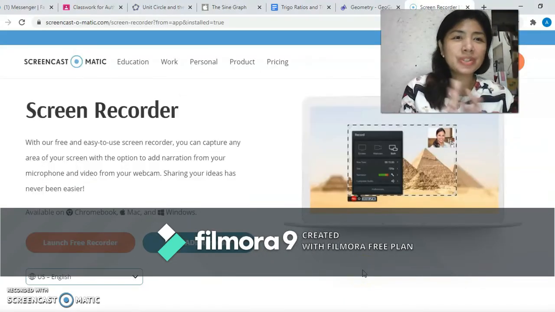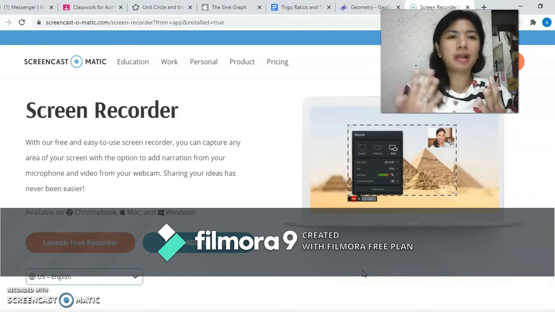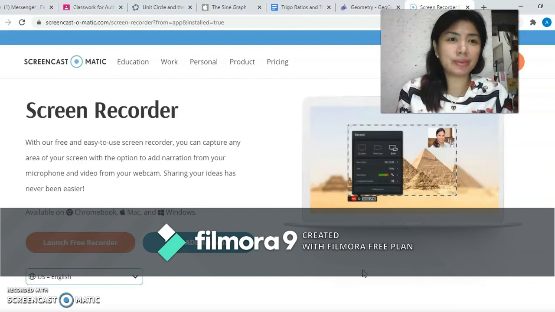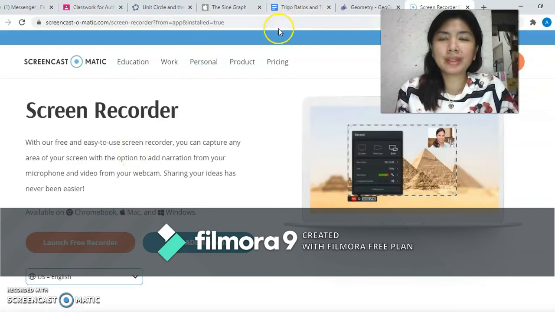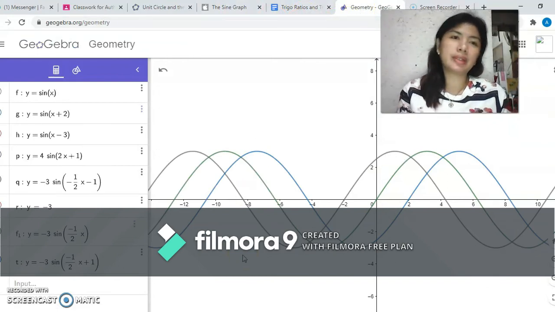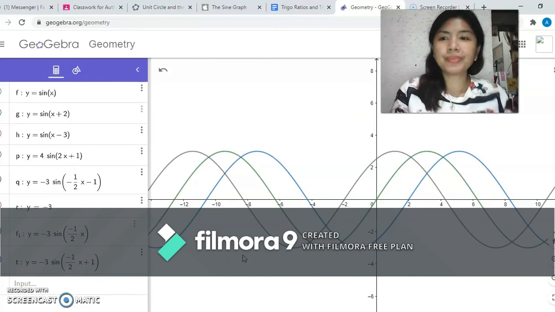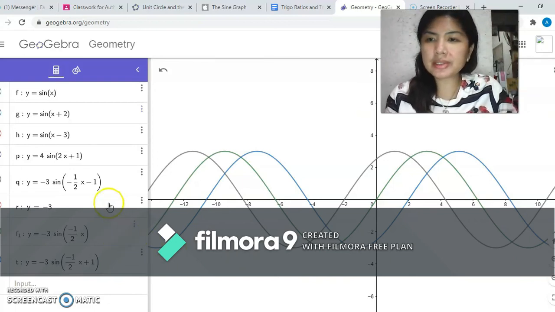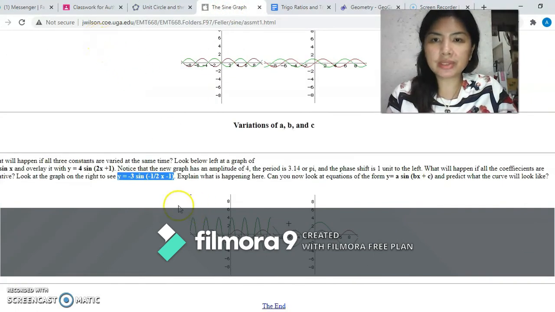And now we are going to have another investigation, another scenario. We have discovered a different variation of A, B, and C. So this is the equation that is being suggested by J. Wilson.